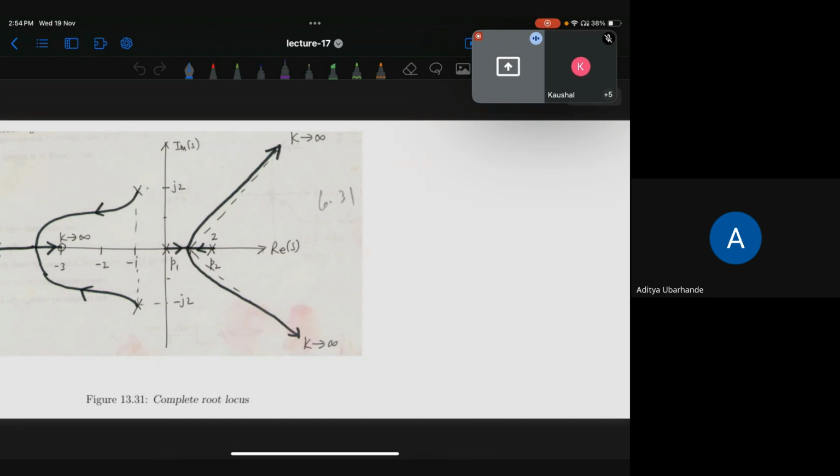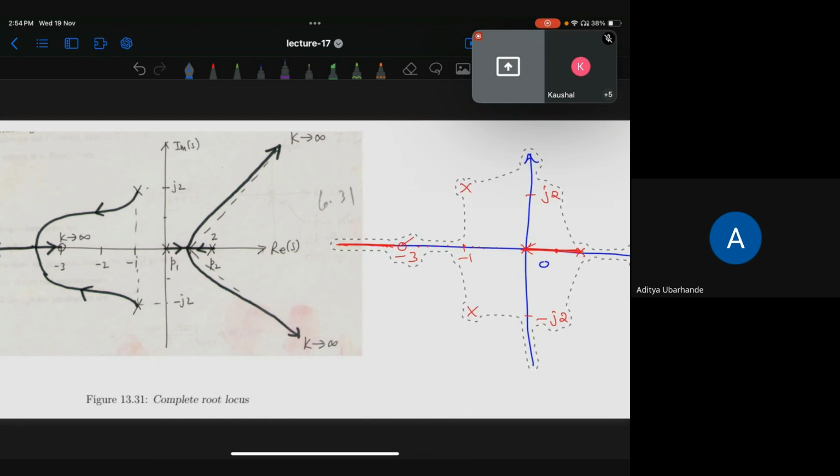So here you can see. I'll explain and draw here one more time. Okay, so this is what we have, and we have this sigma here. So three asymptotic angles, 60, 180, and 300. Okay, 60, 180, and 300.